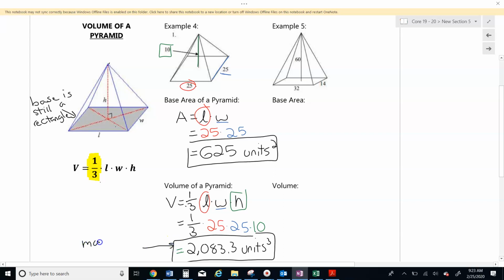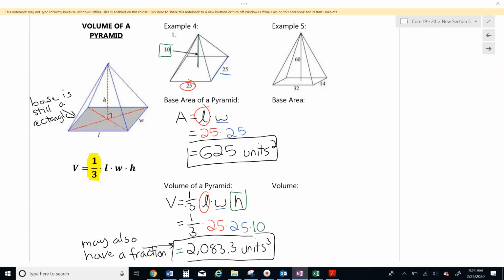You may also have a fraction. Okay. So if you get it as a fraction instead of a decimal, that is fine. I am not going to worry about decimals versus fractions.